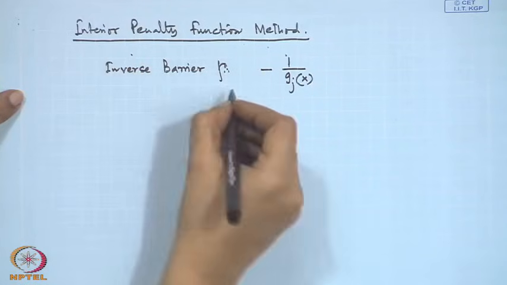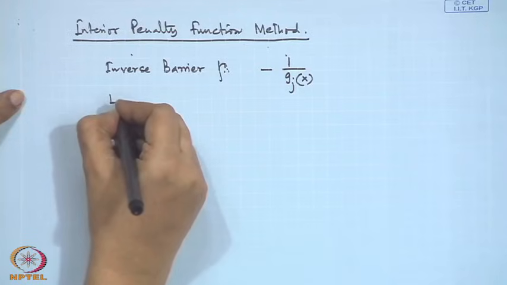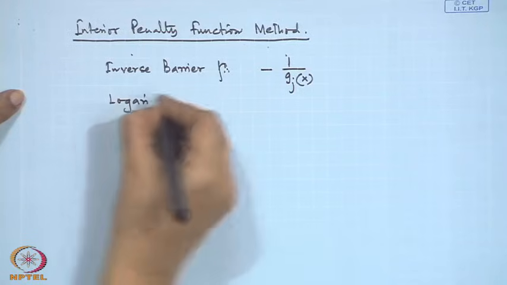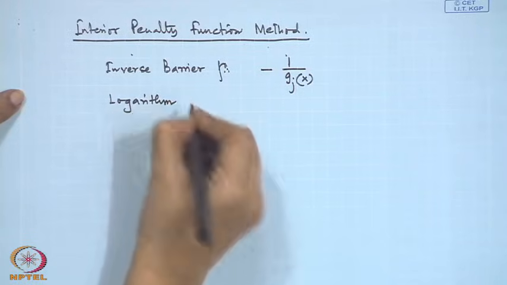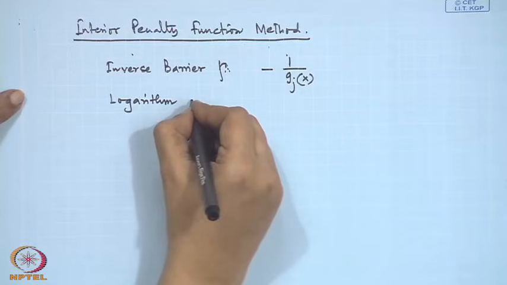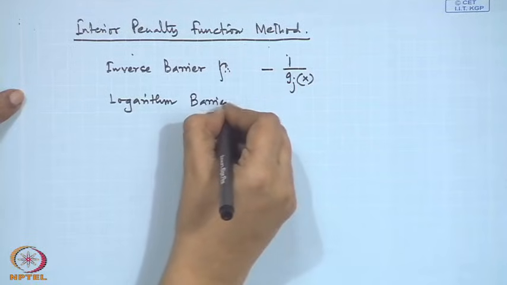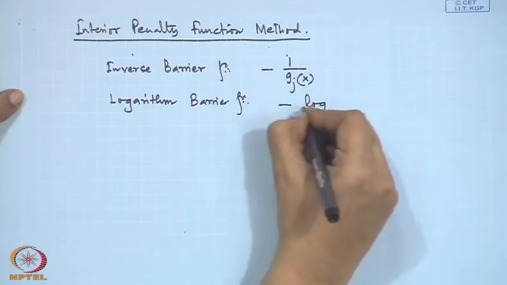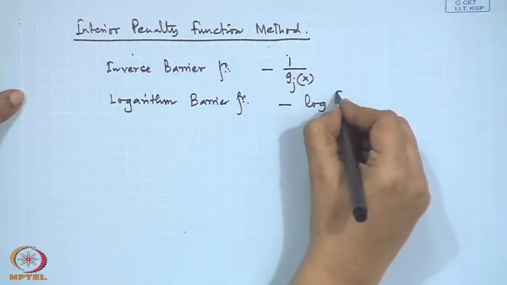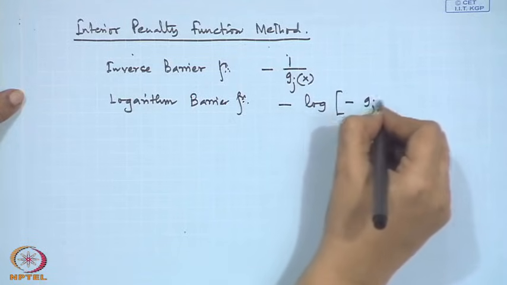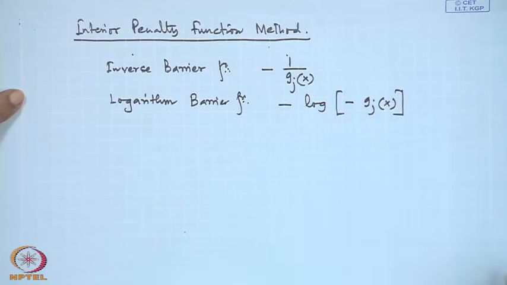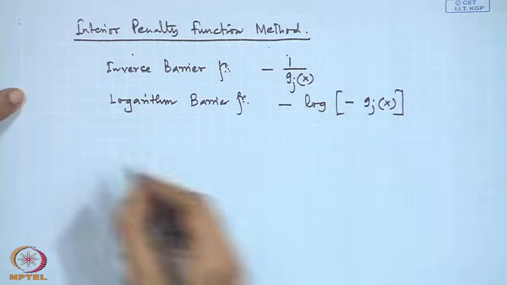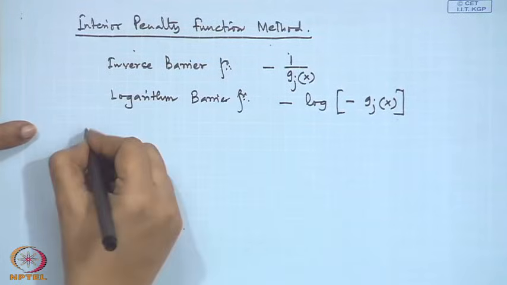How the inverse barrier function is used, I will tell you next. There is another very popular barrier function, the logarithm barrier function, where the term is minus log, the natural log base e, of minus g_j(x). Why we have considered these kinds of functions, I will show you in an example.